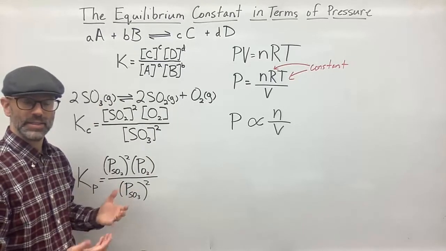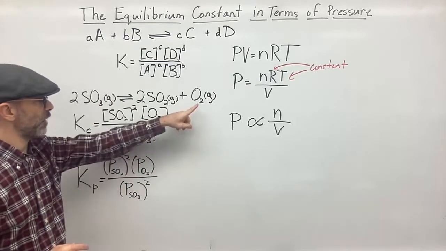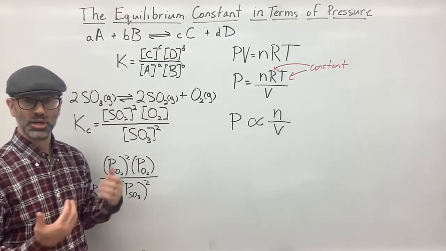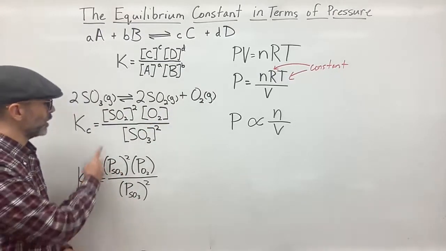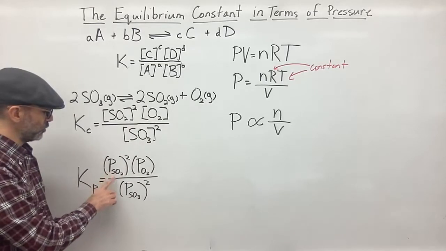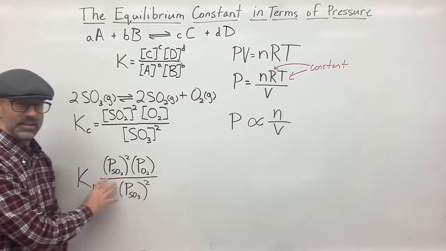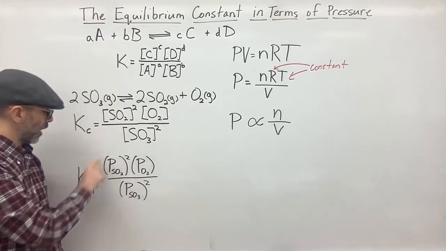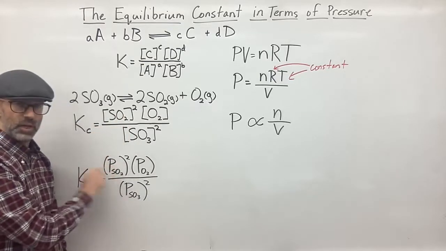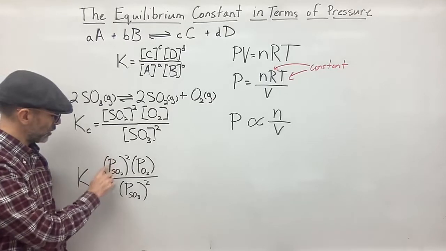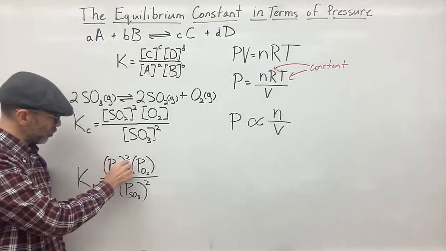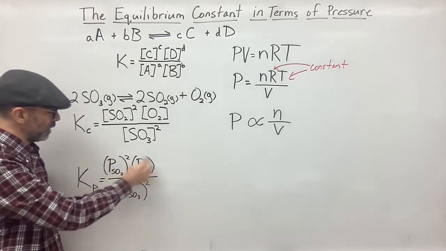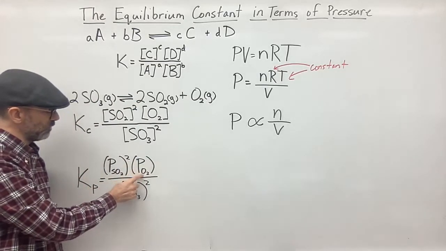But we can write it the exact same way in terms of pressure. Since we have gases here, they're all gases, that means they are exerting pressures. So we can rewrite this in terms of pressures. And so it's exactly the same, except instead of concentration symbols, instead of the brackets, we have a P for the pressure. So the pressure of SO2 squared, because there's a coefficient 2 there, multiplied by the partial pressure of oxygen.